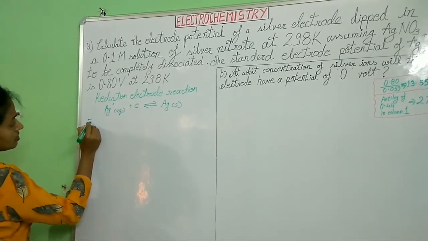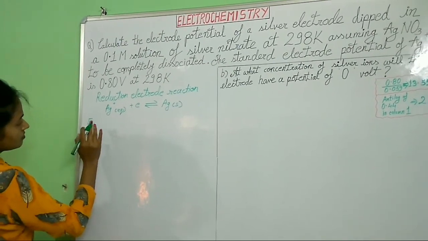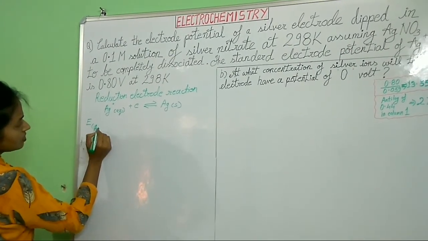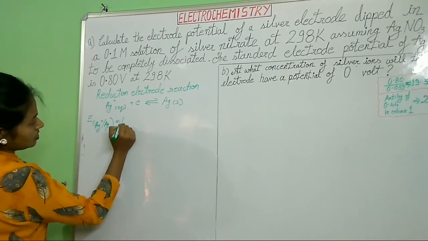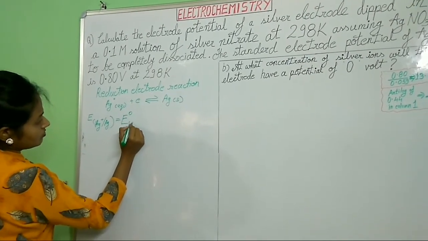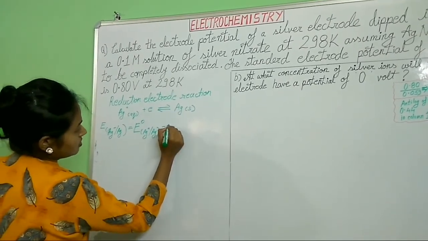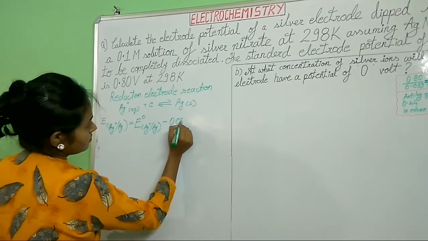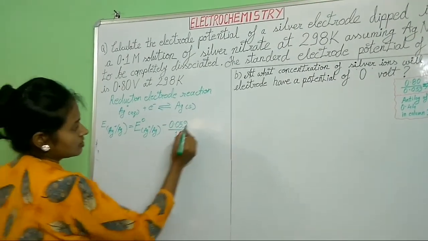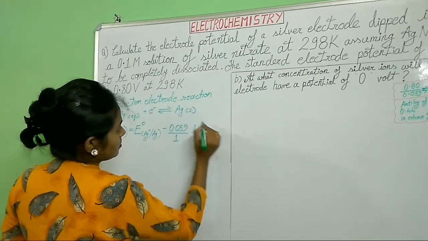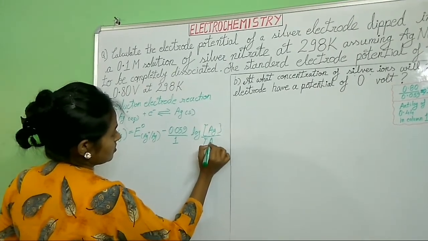E of Ag plus oblique Ag equals E naught of Ag plus oblique Ag minus 0.059. How much do we have to divide? Only 1 electron. So 1 log concentration of Ag solid divided by Ag plus.